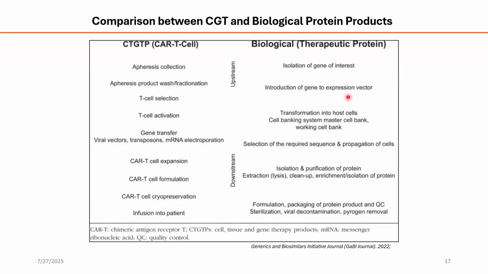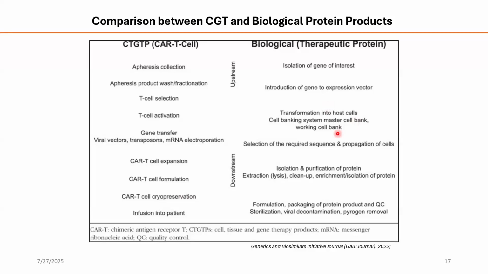But in the case of the small product or therapeutic protein, biological protein product, the upstream involves the isolation of the gene of interest, and then you introduce the gene into an expression vector, and then you transform them into a host cell, where you culture them into a master cell bank or a working cell bank.